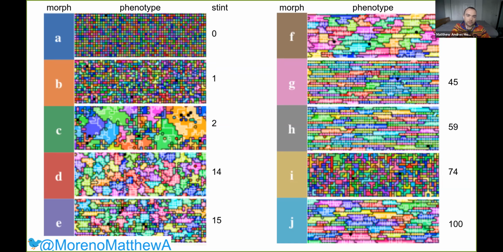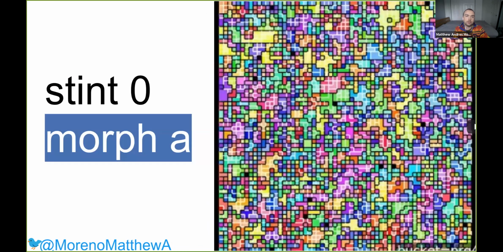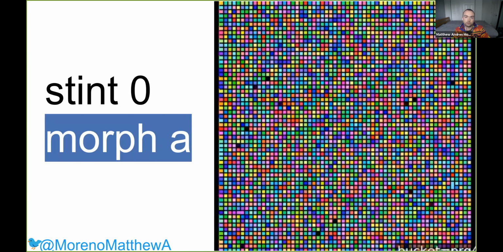The images you see here next to the letters are the different shapes of the multicellular bodies that are evolving in the system. I'll walk you through some highlights from this lineage. Starting at stint 0, we saw a unicellular morphology where kin groups were just size 1.